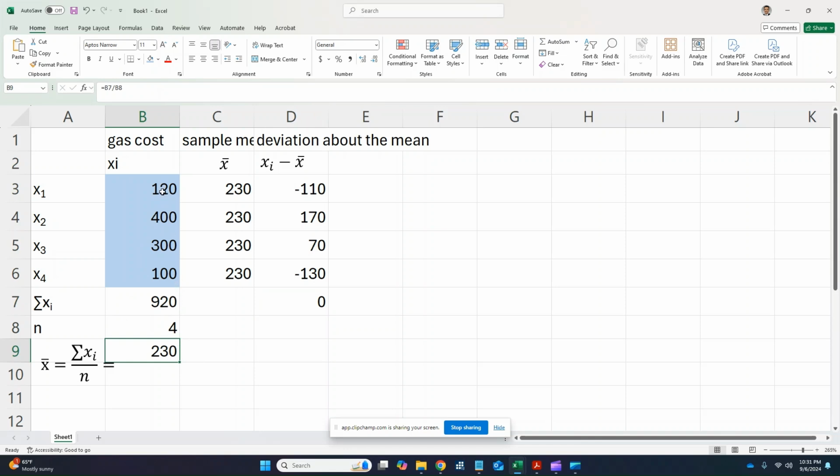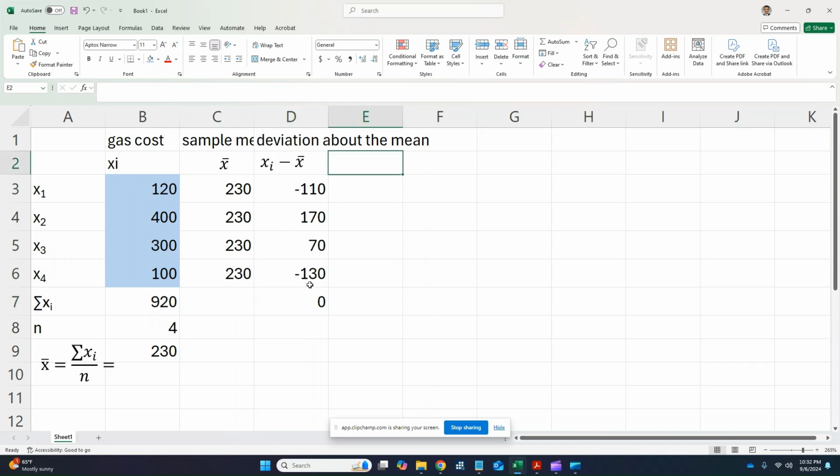If you subtract 230 from every single number here and then add them together, the expected deviation will obviously be zero, because whatever variation you have, if you subtract the mean from it, then on average that will be zero.